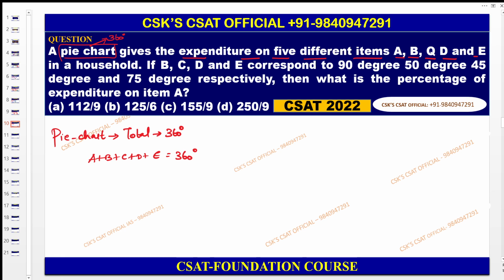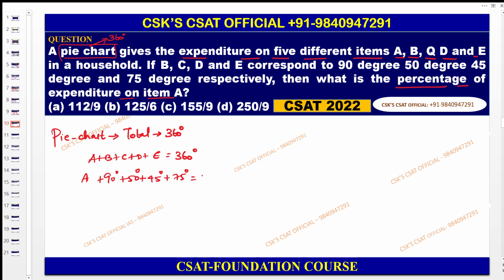Now he says that B corresponds to 90 degrees, C corresponds to 50 degrees, D corresponds to 45 degrees, then E corresponds to 75 degrees. You need to find the percentage of expenditure on item A.